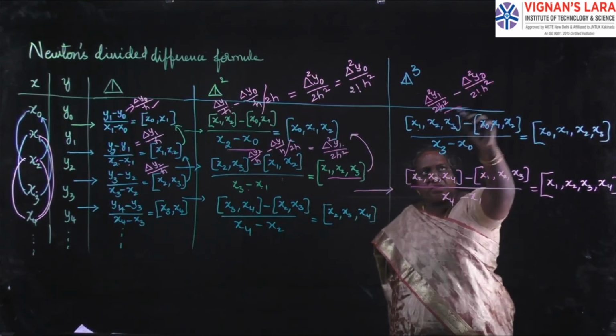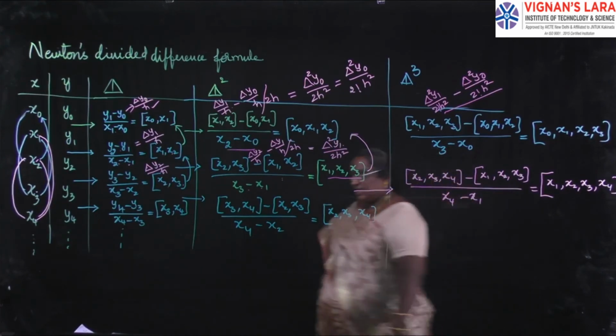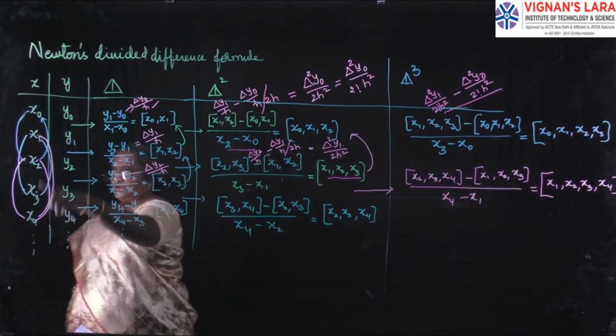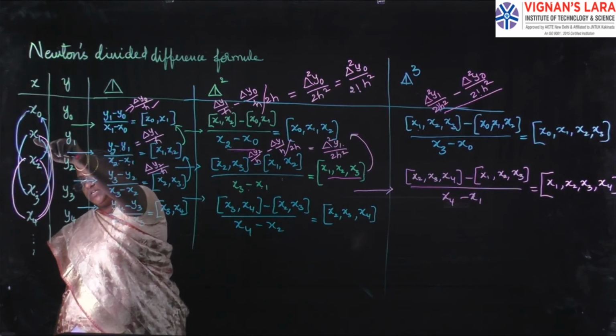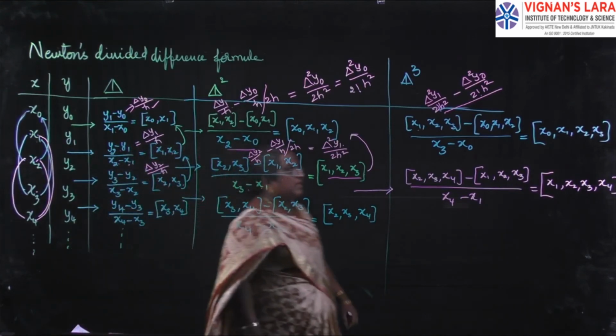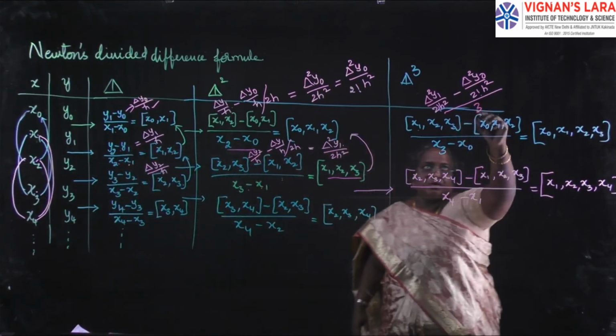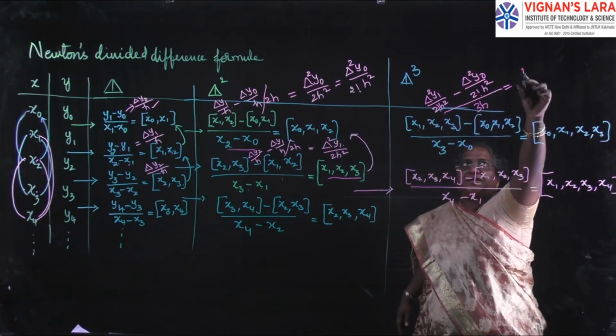Then what about x3 minus x0? From x3 to x0: x3 minus x2 is h, x2 minus x1 is another h, x1 minus x0 is another h. So it is 3h. So what is del square y1 minus del square y0?